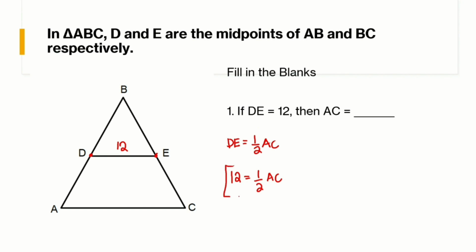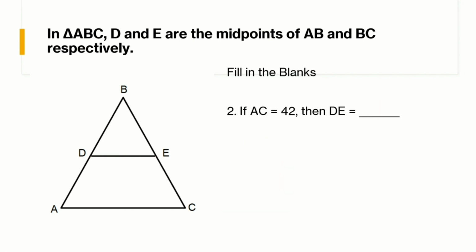Then we will multiply both sides of the equation by 2. So 2 times 12, that is 24, is equal to 2 times 1/2, which is 1, times AC, then we have AC. So the measure of side AC is equal to 24.